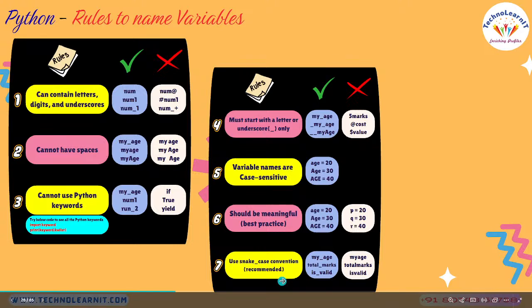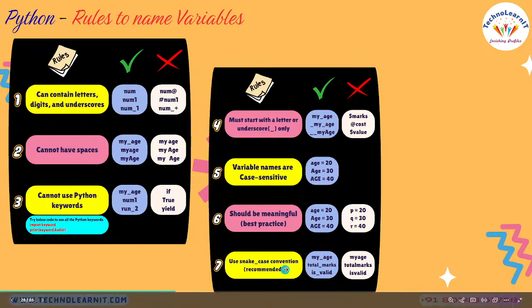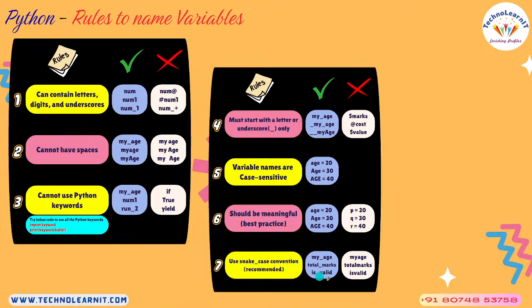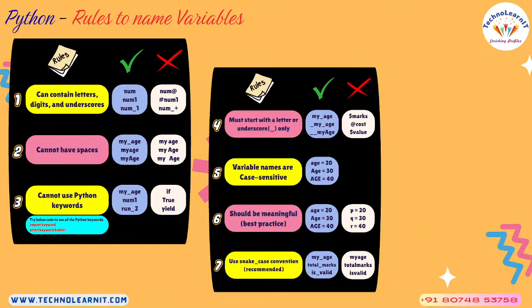Similarly, the last one is again only a recommendation, but you can always practice this as a Python programmer: use the snake case convention. Snake case is nothing but my age: my is a word, age is a different word, and if you want to name a variable my age, just use underscore between these two words: my_age.